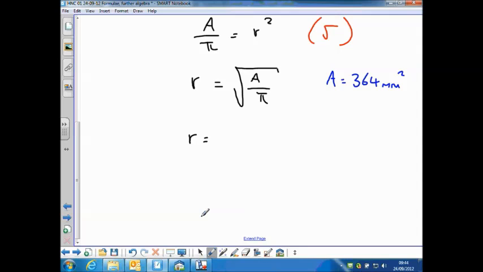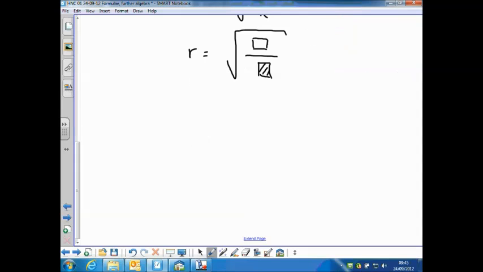So you're going to hit the square root button on the calculator and then the fraction button, and you get the fraction symbol inside the calculator, however it looks on your calculator, with a flashing cursor, and then you put the area on the top, which is 364, and then on the bottom you put pi, and then you hit equals. So it does it in one hit.